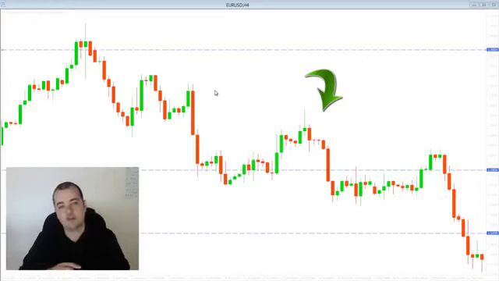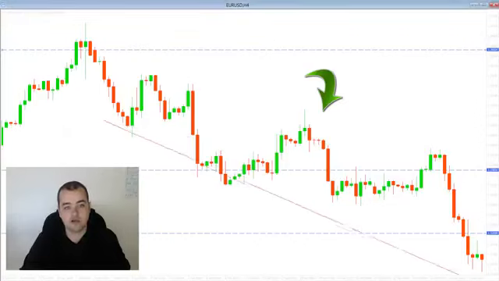Now, if you've watched my previous videos on trend analysis, the way I see it is once you've got one lower low, which is defined by here, this is one lower low, that's when you start to take notice.